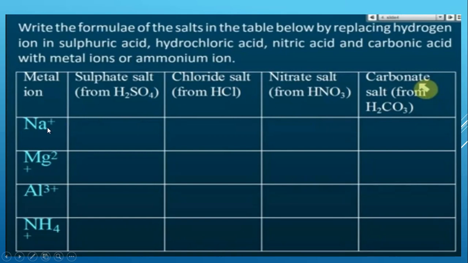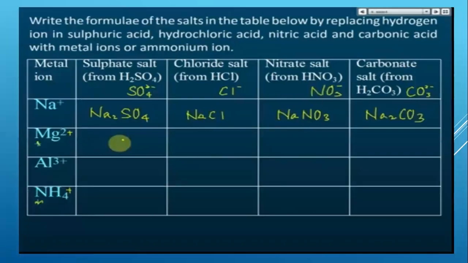Now we will make sodium salts from all these acids, then magnesium salts with all these acids, then aluminium, and the last ammonium salts from all these acids. Now let us start. First, sodium is a metal ion, and it reacts with sulfate ions from acid and produces sodium sulfate with formula Na2SO4.